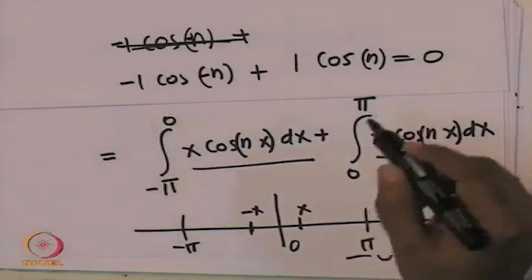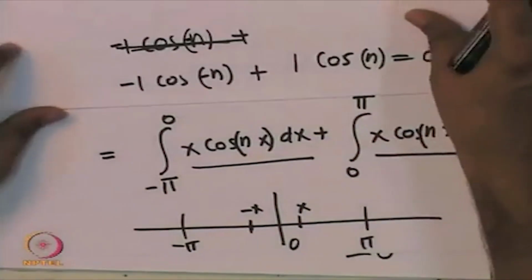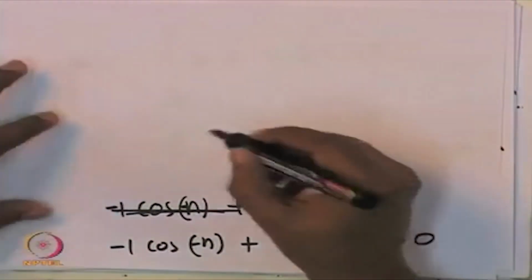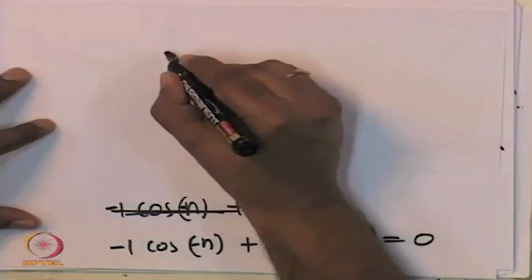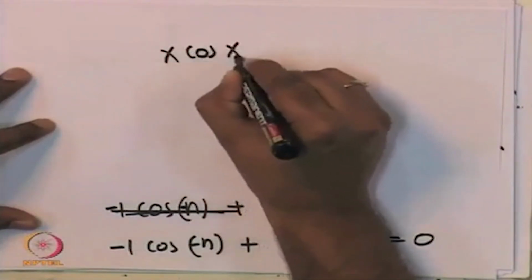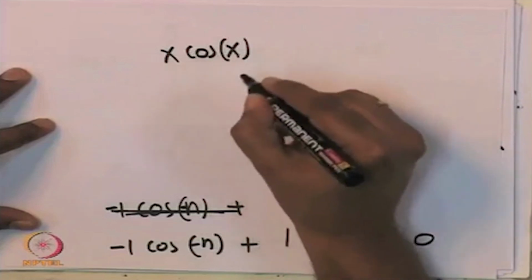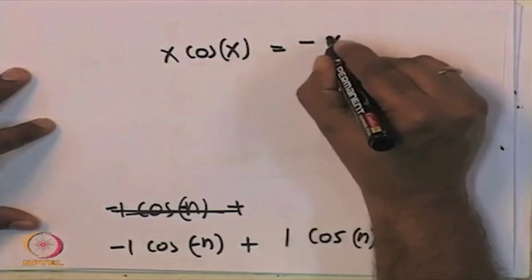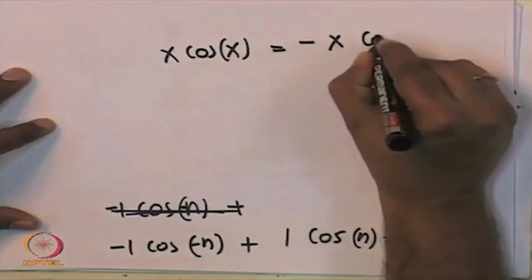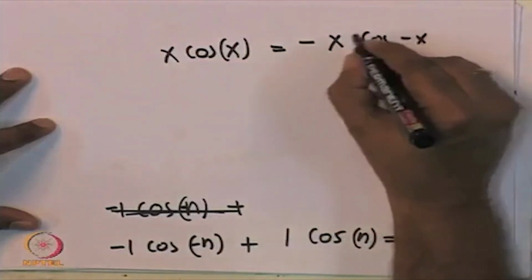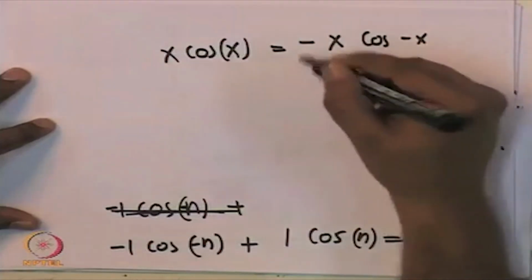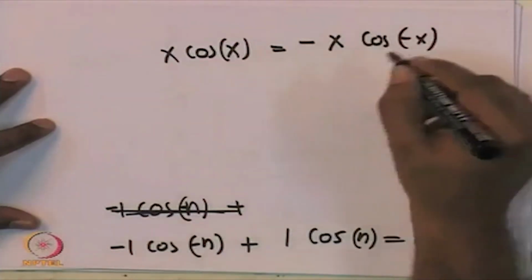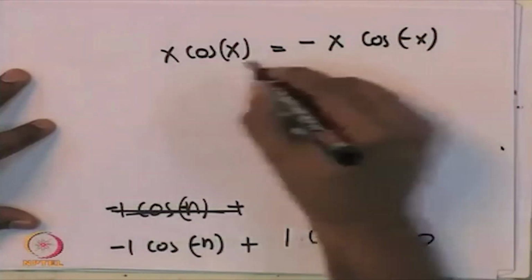So, you can call this an asymmetric function. That means x cos n x is equal to minus of the same with minus x. If you put x as a negative value, you get exactly the opposite, so the sum is actually 0.